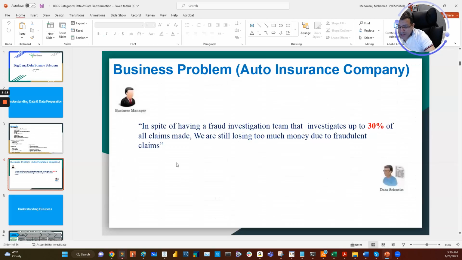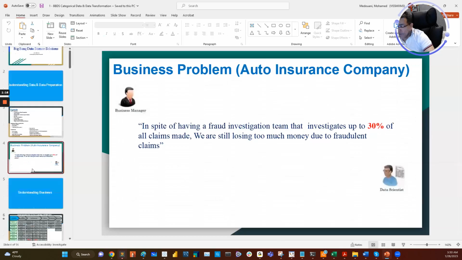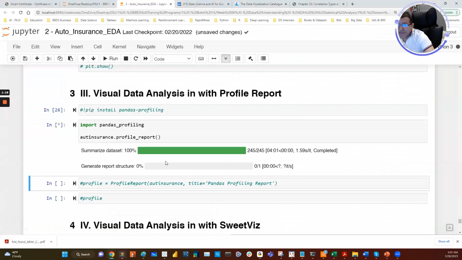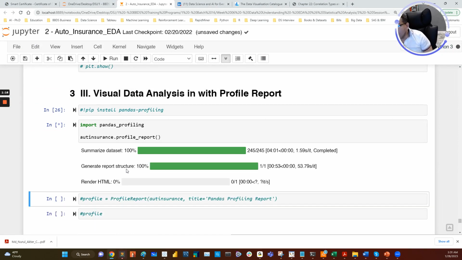So it is going to take a while, but you are going to be surprised by the amount of information this pandas profiling is capable of providing. Let me run this very quick. We are going to create some HTML reports. Okay, so now let's move on with that.